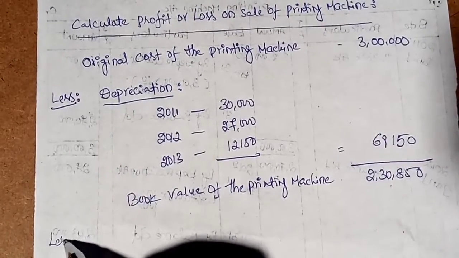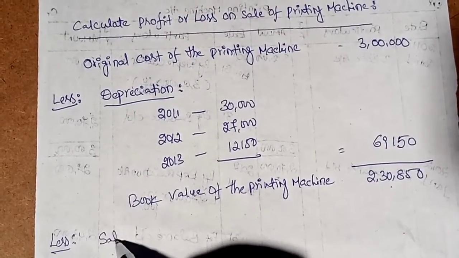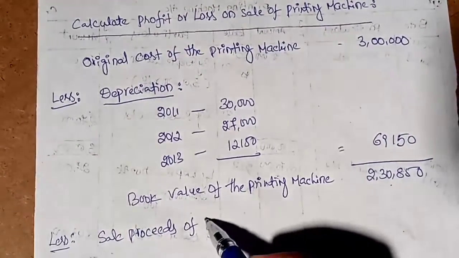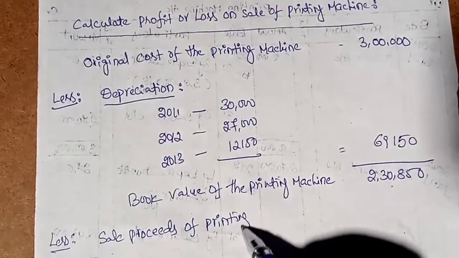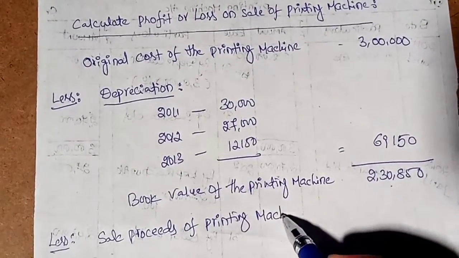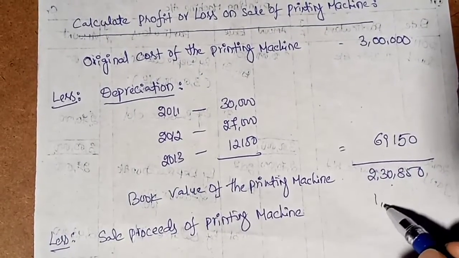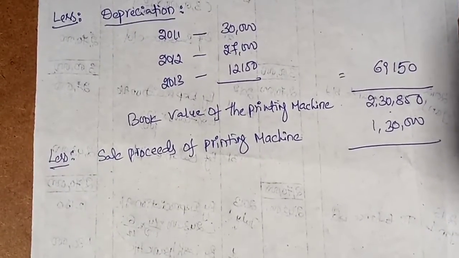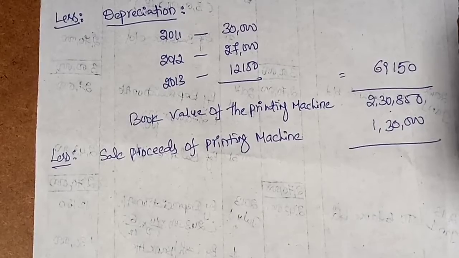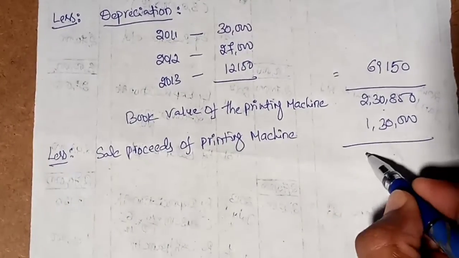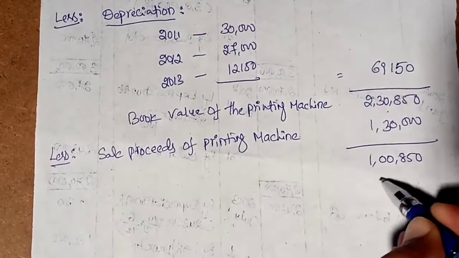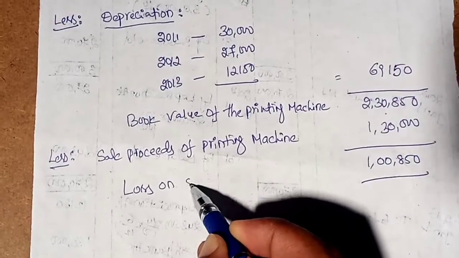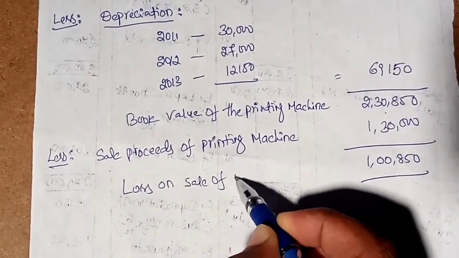From this we have to less sale proceeds of the printing machine, which is 1,30,000. After deducting the 1,30,000, the difference amount is 1,850 rupees. This is the loss on sale of printing machine.